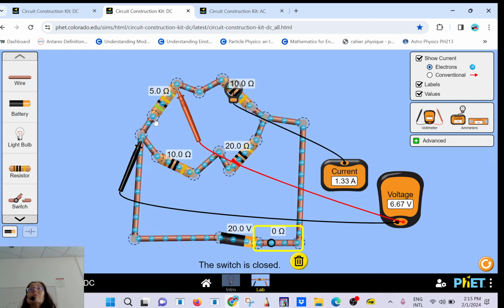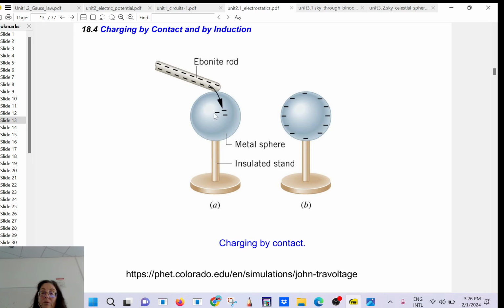So about conductors. If you have a conductor, the electrons are not going to stay where you left them. So it's not like the balloon. If you have a balloon, okay, you rub it, the electrons will stay wherever you place them. They cannot move freely.